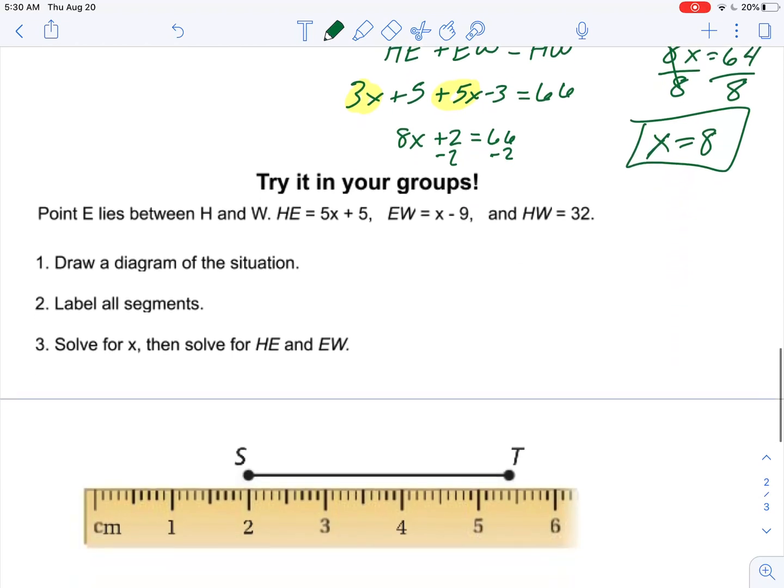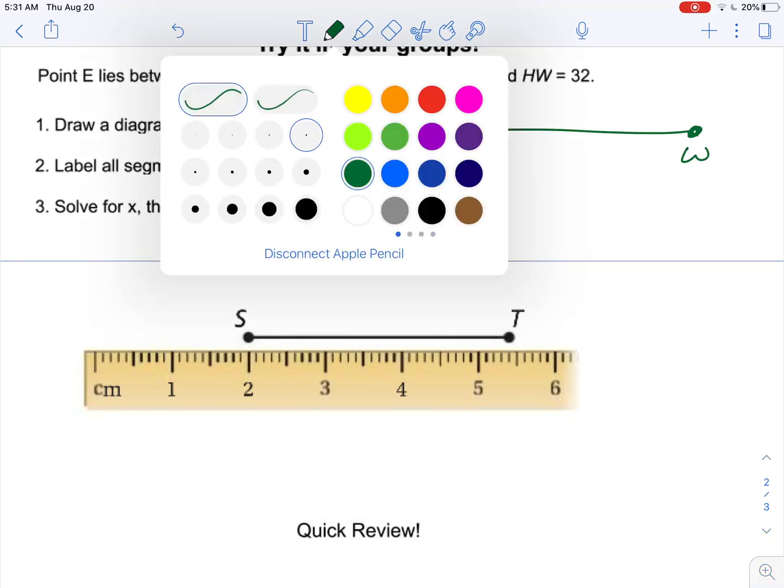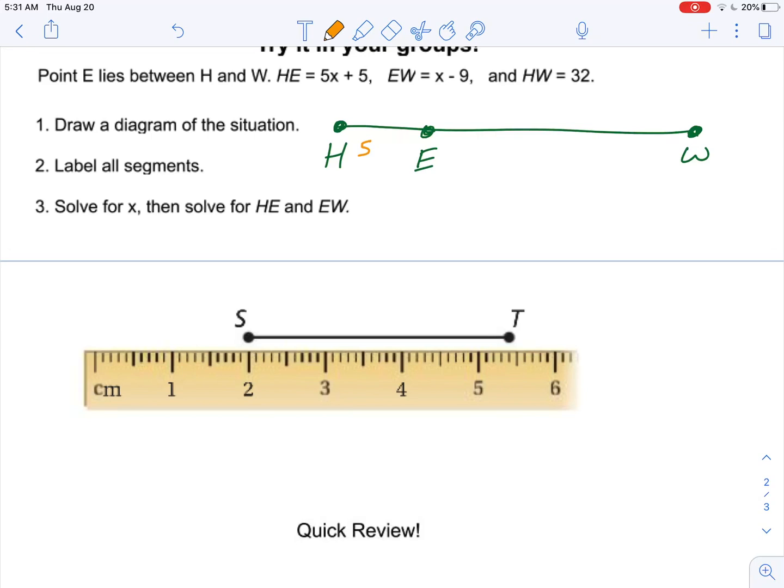So I'd like you guys to try this one. You could pause the video and give this a shot, and then when you unpause, I'll do it along with you and you can check your work. So same thing, E is between H and W. HE is 5x plus 5.